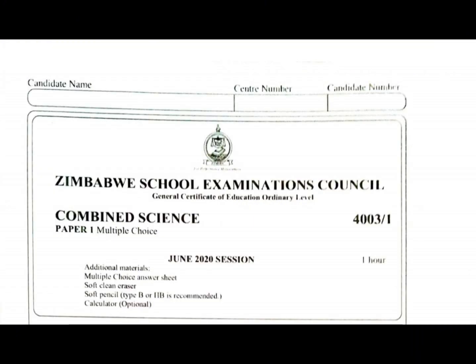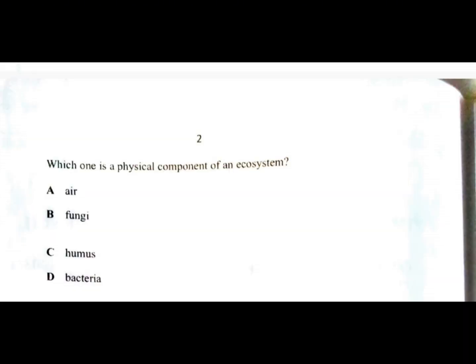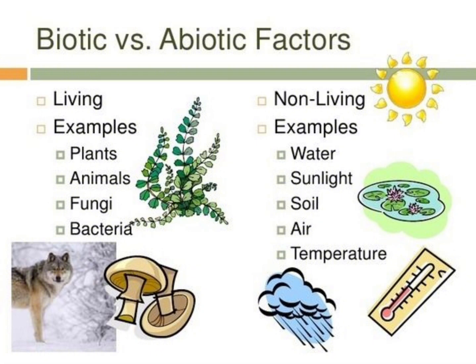Another question was from June 2020, number 1. It is saying which one is a physical component of an ecosystem. So the correct answer is A. The other options are biological components of an ecosystem. I hope you are now ready to tackle questions on differences between biological and physical components of an ecosystem.